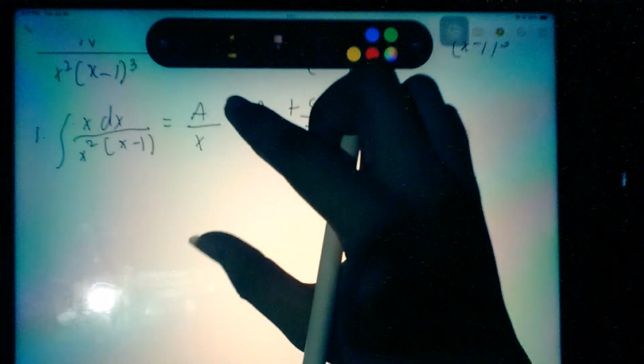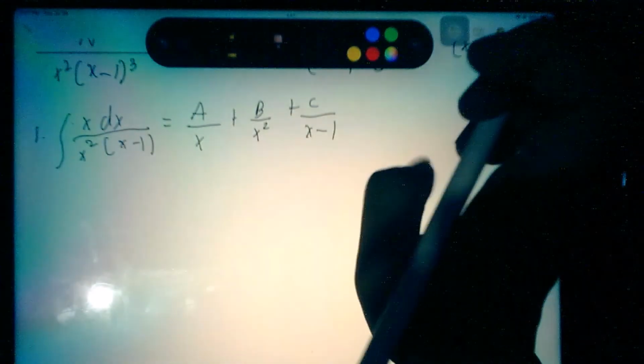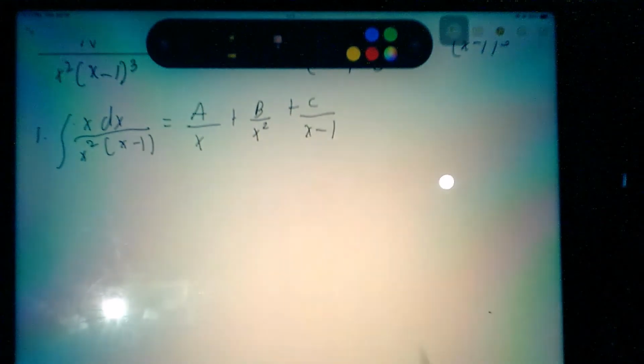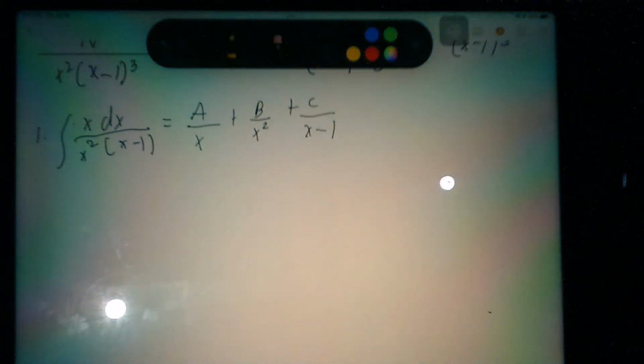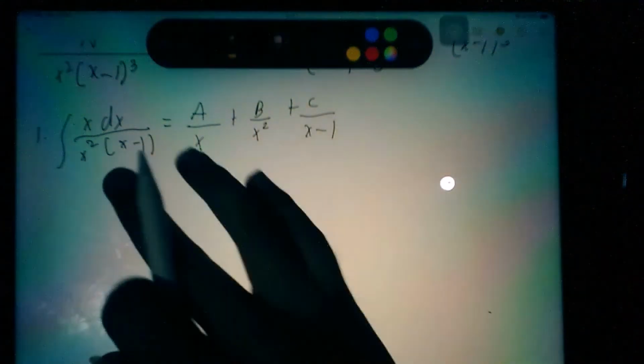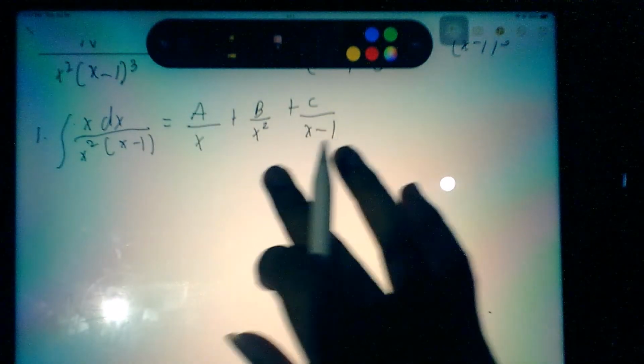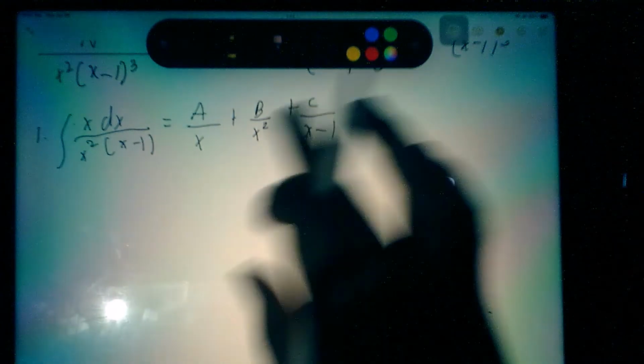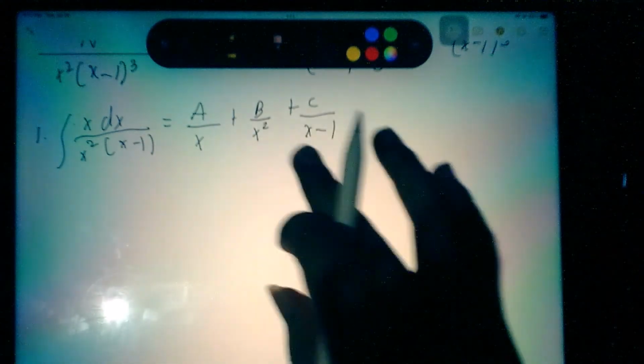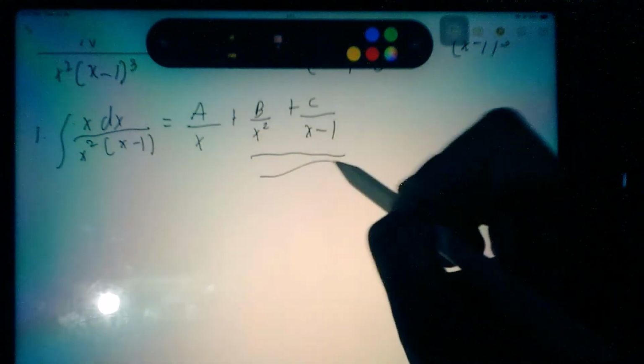Now we use the cover up method. We only use the cover up method when the denominator here in our equation is the same as the denominator here.